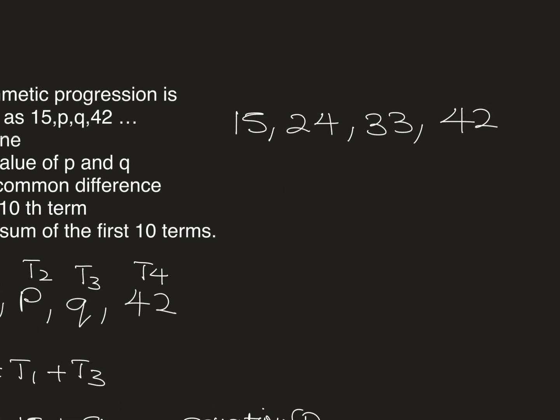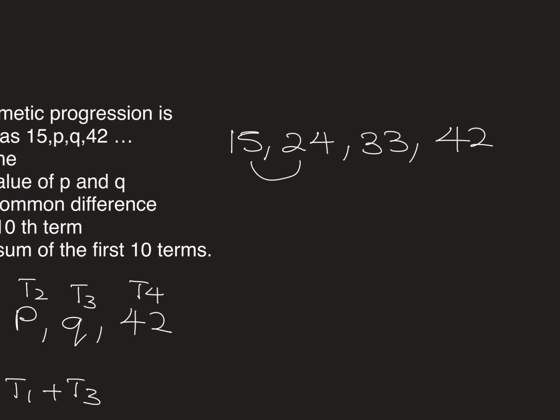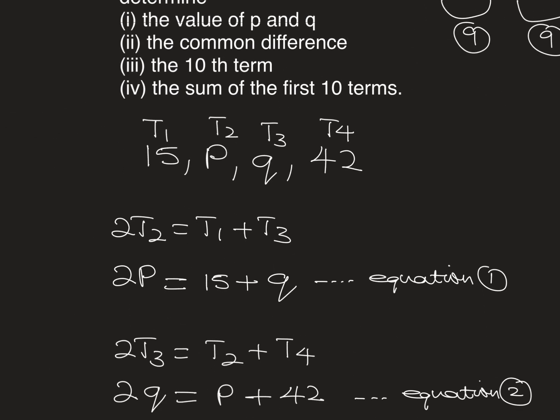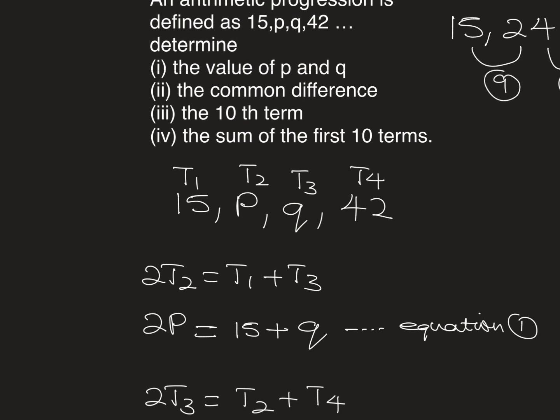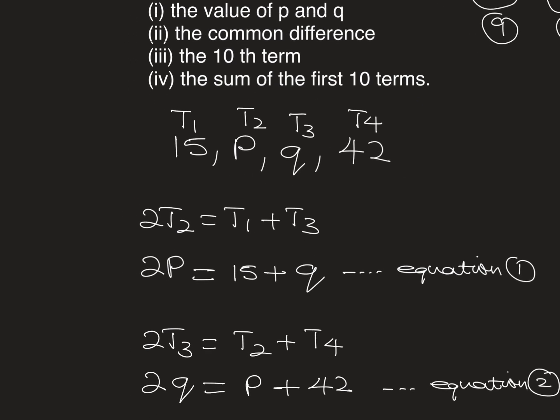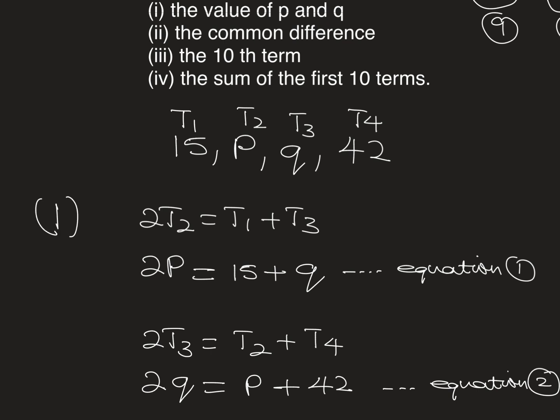When we solve this, we are supposed to have a constant common difference. 24 minus 15 is 9. 33 minus 24 is 9, and 42 minus 33 is also 9. So it means the AP is correct. Okay, going back, let's answer the question. We have been able to find the values of P and Q. That is, we can say this is the solution for question 1.